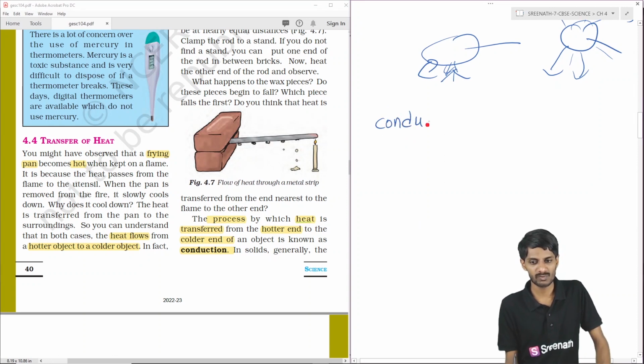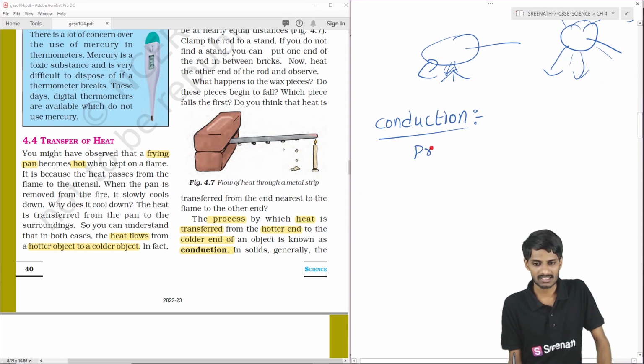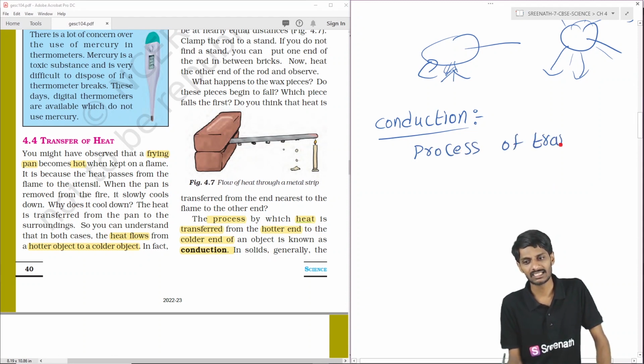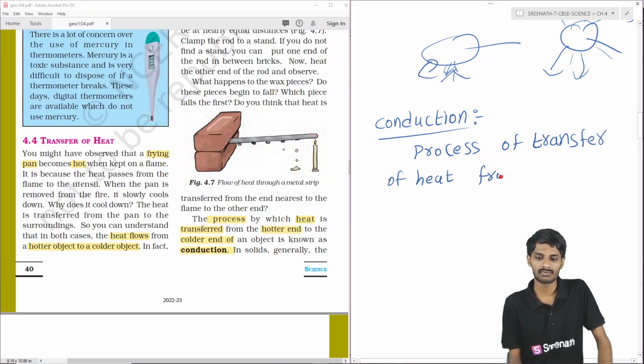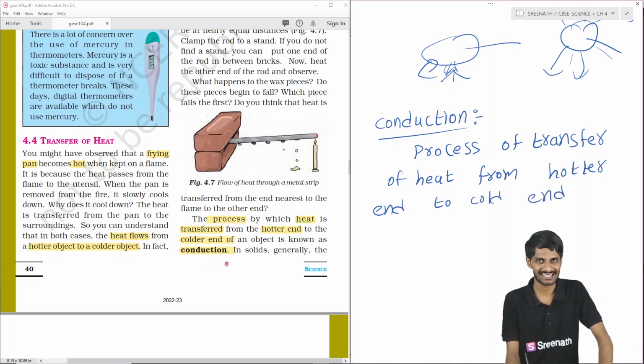Conduction is nothing but the process of transfer of heat from hotter end to colder end. That process is called conduction, students.